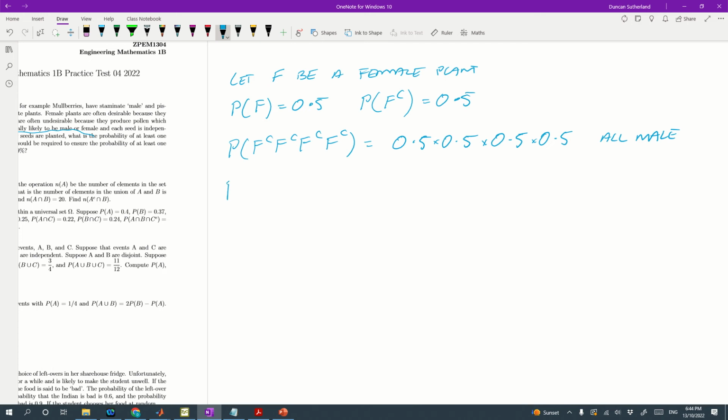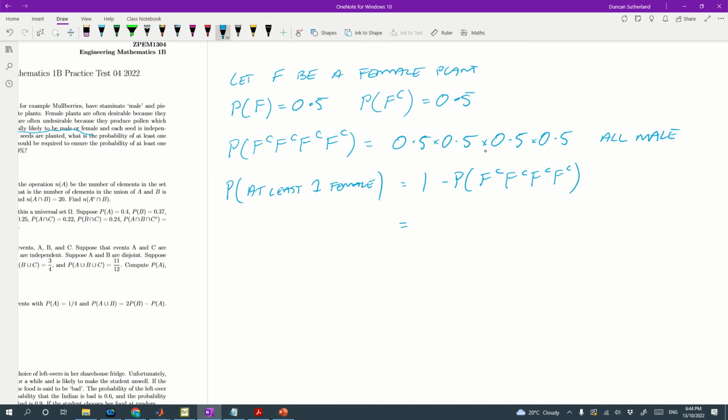And then the probability of at least one female is 1 minus P(F^c), the all-male probability.